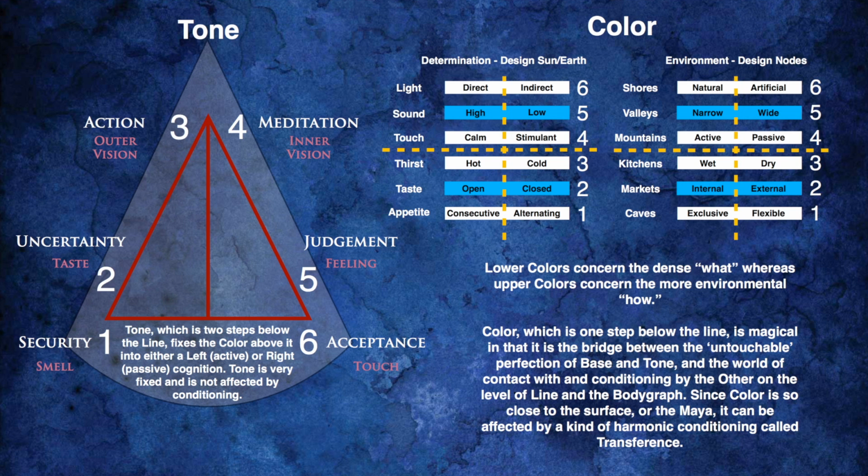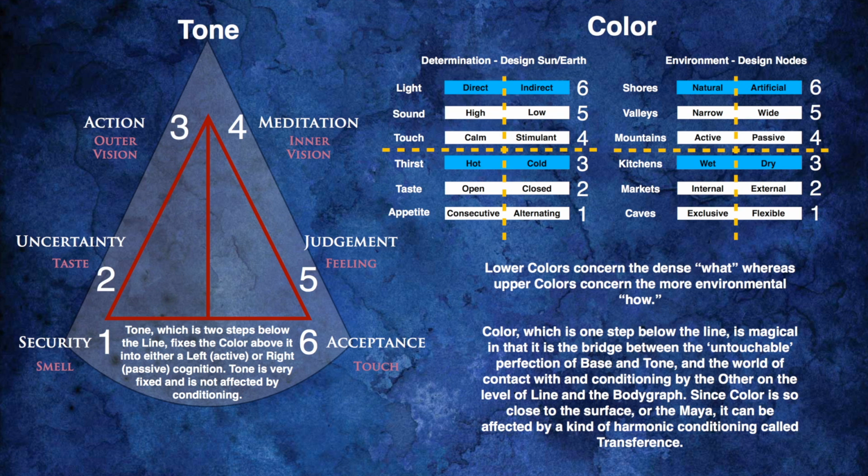And the same goes for the 3 and the 6. So we have these 3 relationships between the lower colors and the upper colors, between the 1 and the 4, the 2 and the 5, and the 3 and the 6.